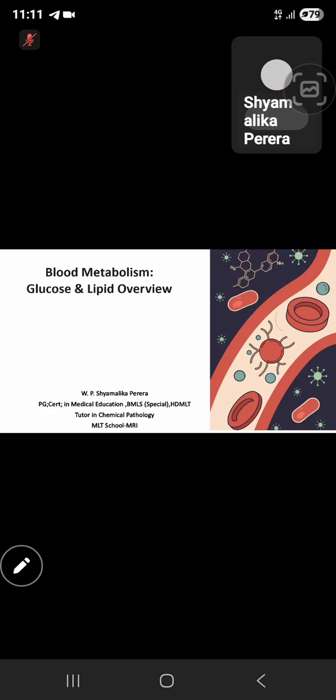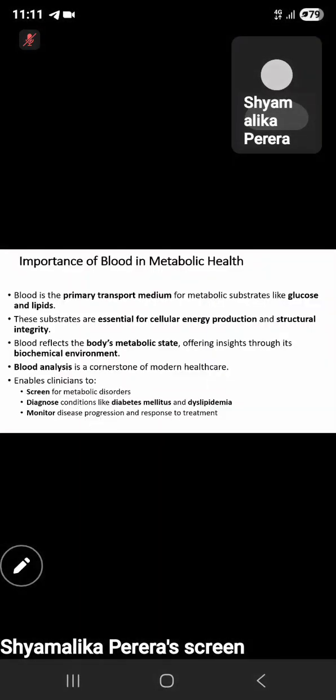Today my objectives are to briefly describe what these glucose and lipids are. I especially highlight how we investigate those substances in our laboratory day to day, with patient preparation, the important criteria for diagnosis, and how we need to treat the samples. So let's move on to the introduction.